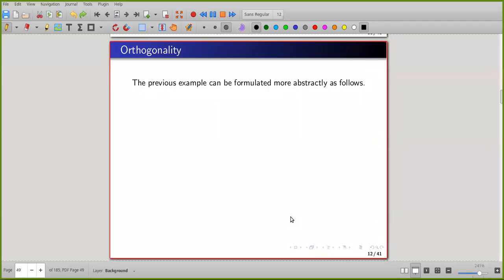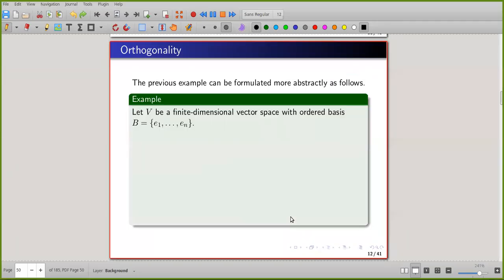The previous example can be formulated more abstractly as follows. We can take a finite dimensional vector space V with a basis E1 through En, and we can artificially define an inner product on V. This inner product of course depends on this basis.